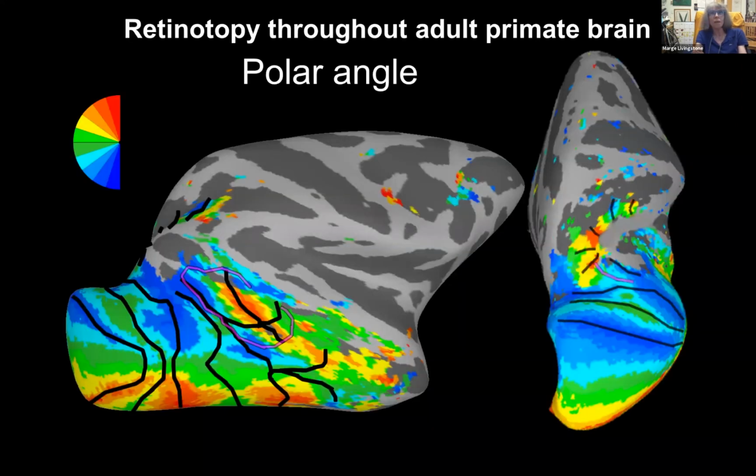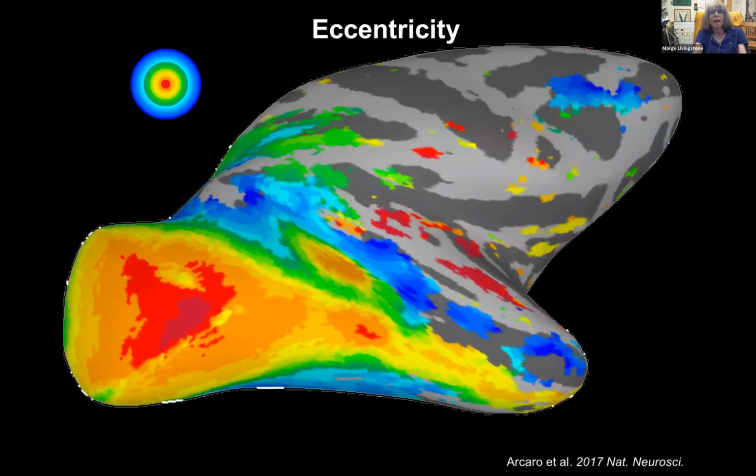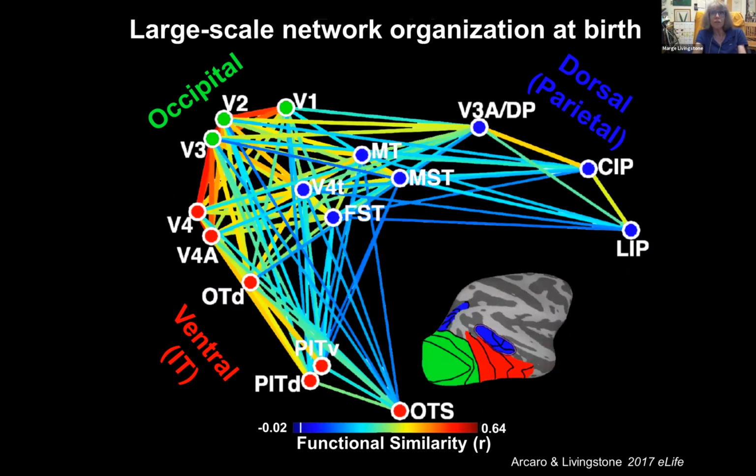In adult monkeys, retinotopic maps of visual space are found throughout the visual system, even in regions that textbooks refer to as non-retinotopic. And eccentricity is mapped throughout the visual system in adults. Michael found that functional connectivity patterns in these newborns define a large-scale network virtually identical to the architecture of the adult visual system.